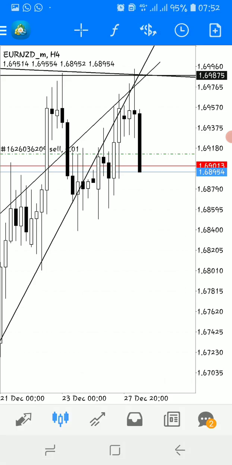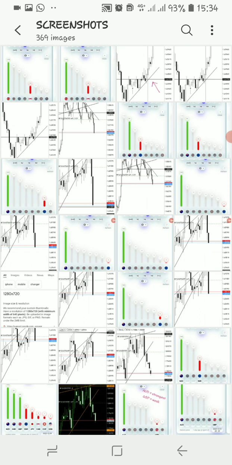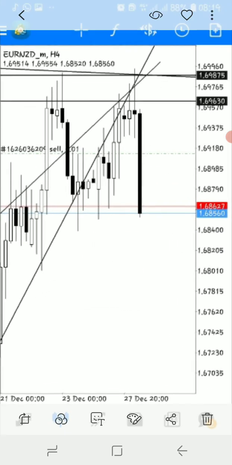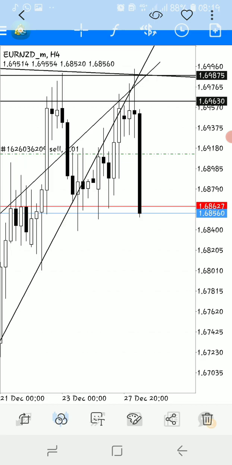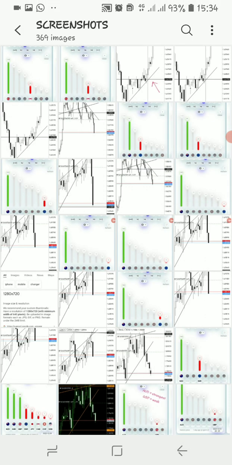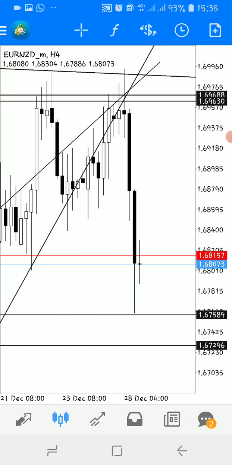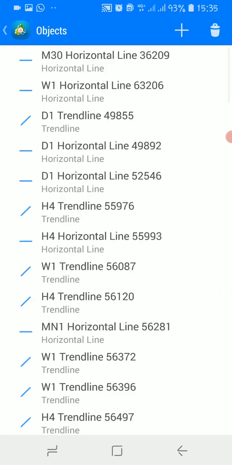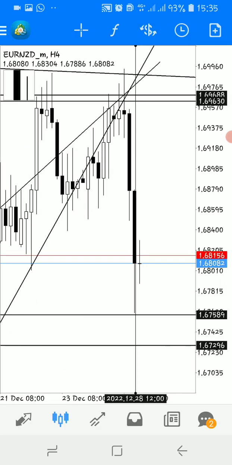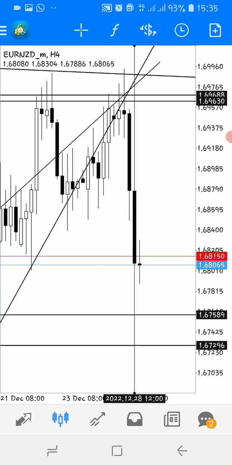In order to place this trade, I made sure of the signal I had. Okay, let's confirm the signal. Let me check the time. It was around 12 o'clock, GMT plus 2.